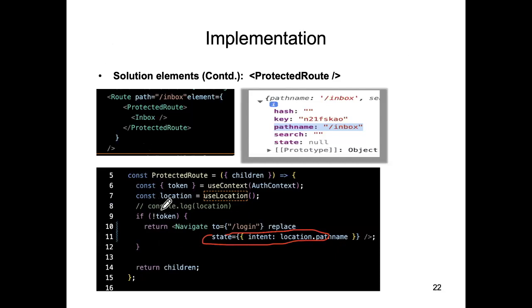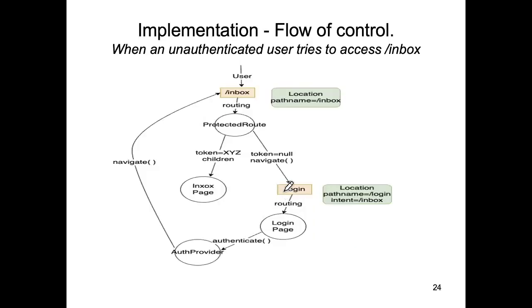Here, it checks to see, is there somebody logged in or not? If they're not, change the browser's URL address to /login and do this extra bit as well. So it changes the browser's URL address to /login, which means a location object is created. But this location object has this additional data that I've decided to add into the location object.